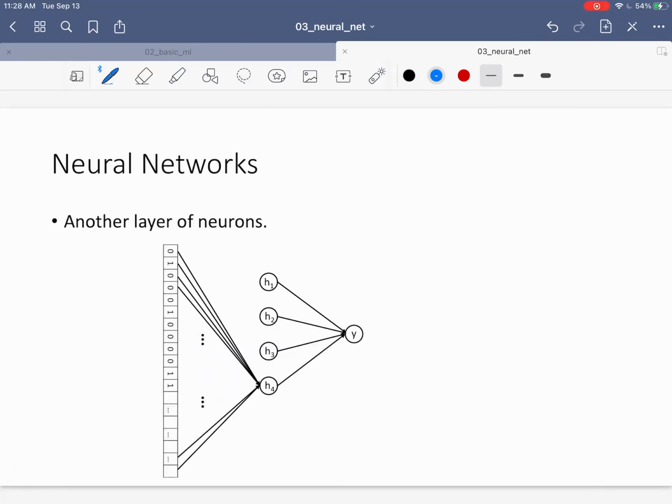Same here. So how many connections do you have? You have 16K connections per hidden neuron, and you have 4 hidden neurons. So you have 4 times 16K, which is about 64,000 learnable weight parameters, basically.